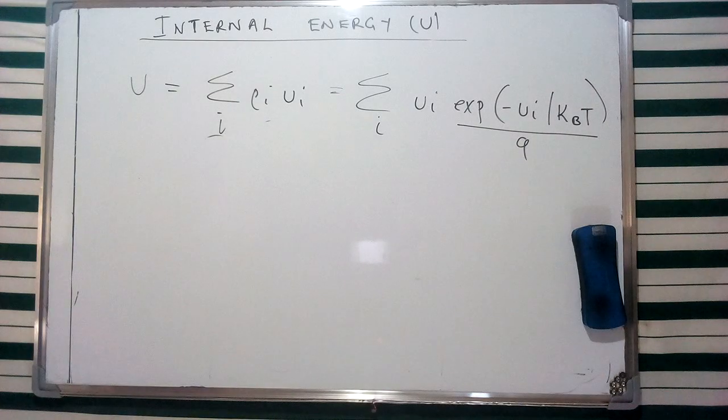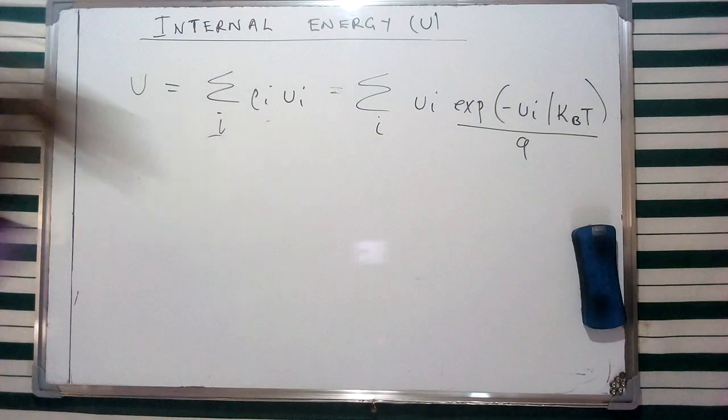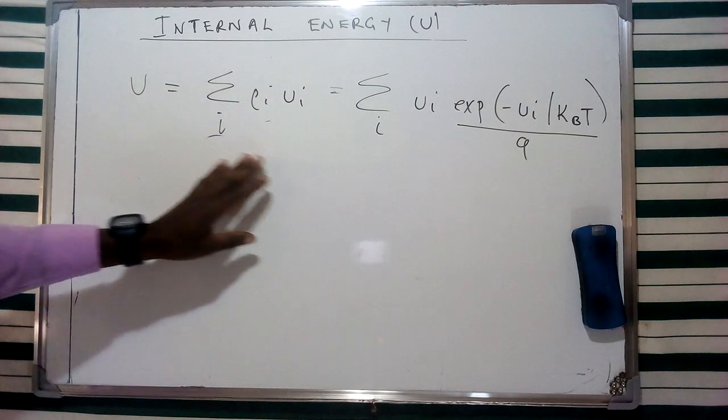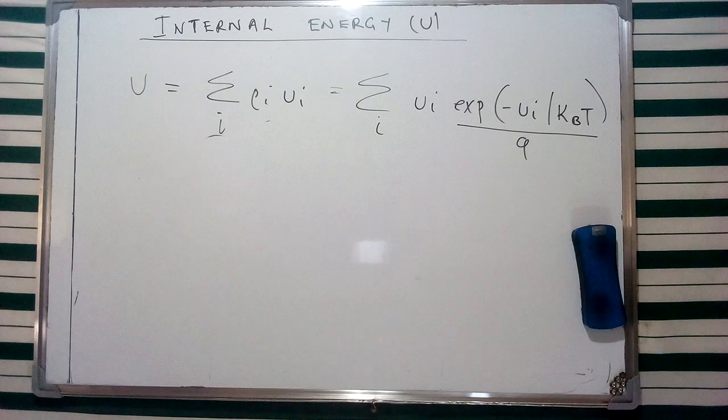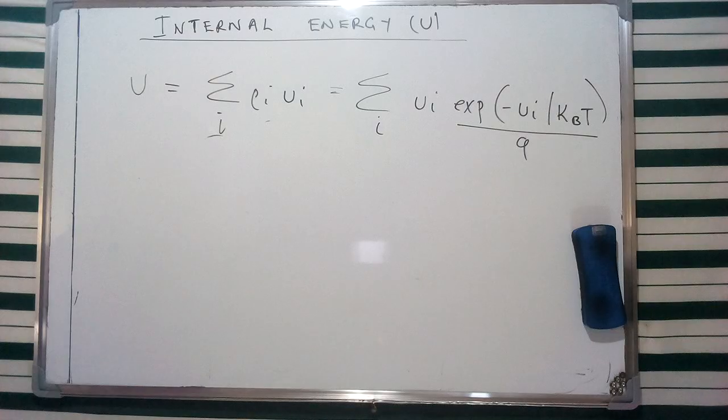So definitely, if we are going to represent this internal energy using that specific equation, we can rewrite this specific equation in terms of Q, which is a partition function, by first finding the derivative of this specific function with respect to temperature. Now, the specific laws which I've mentioned are going to be applicable in this case.